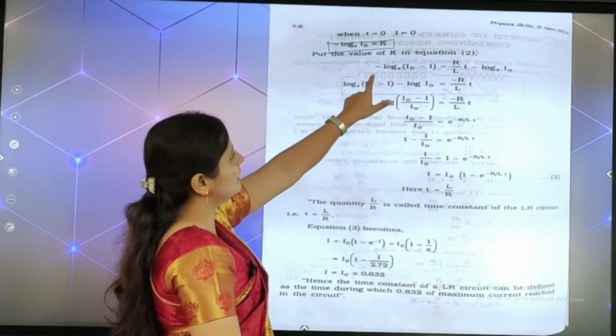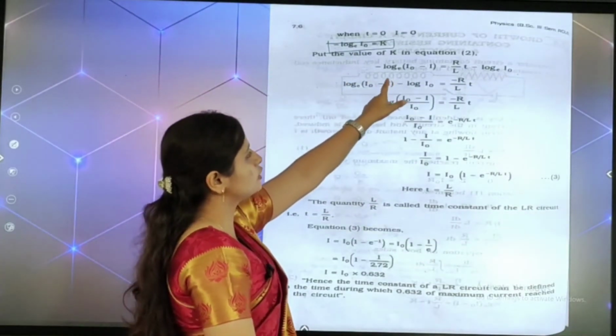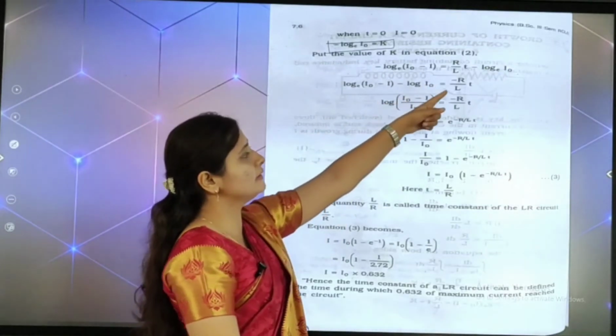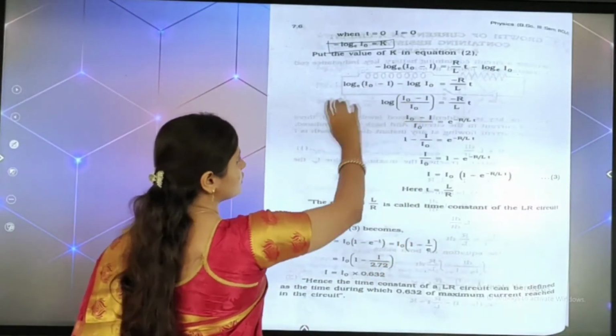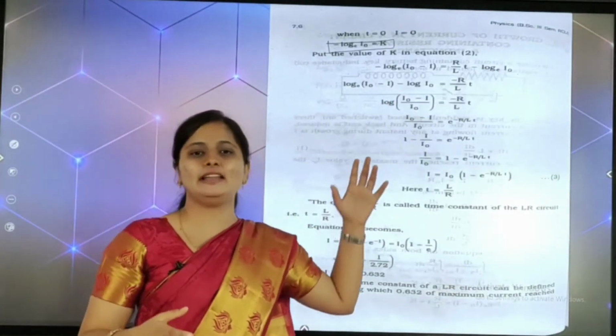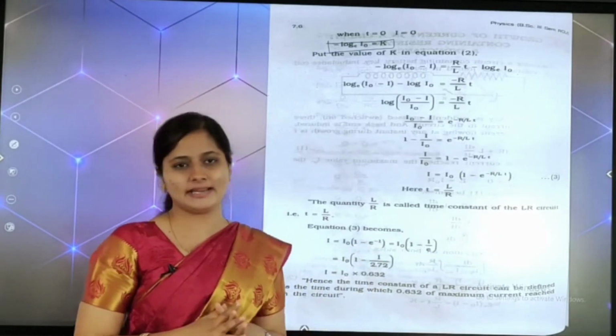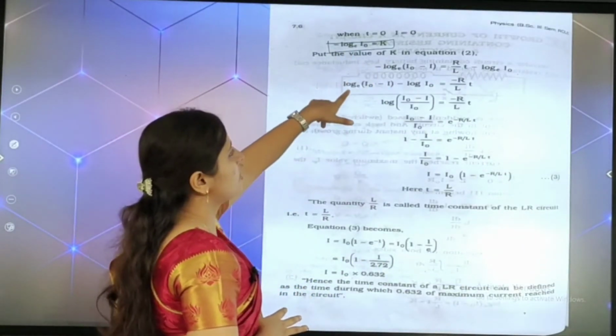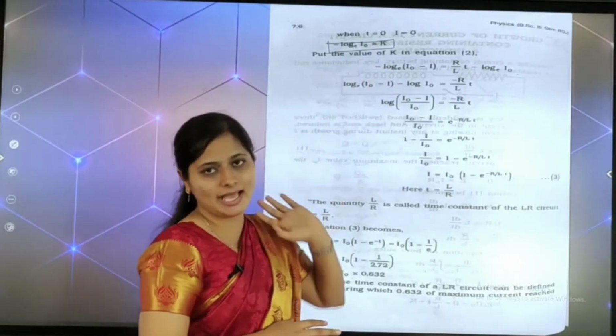So here, minus log I naught minus I into minus plus. In this step we are changing the sign and making the simplification directly. First, the minus we take as a plus, meaning log E I naught minus I as it is.